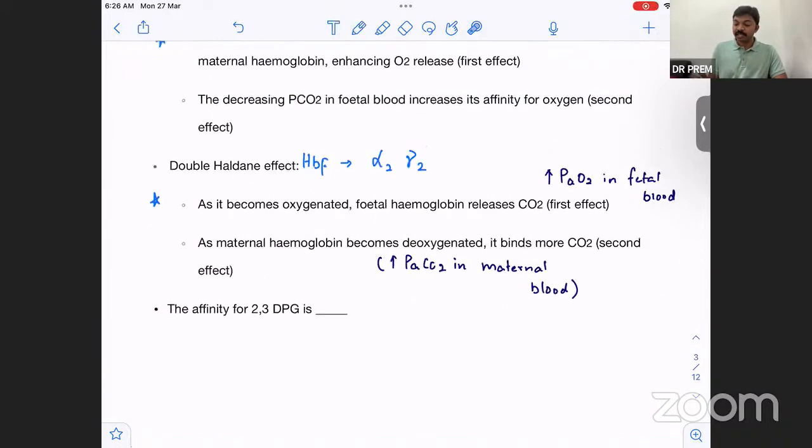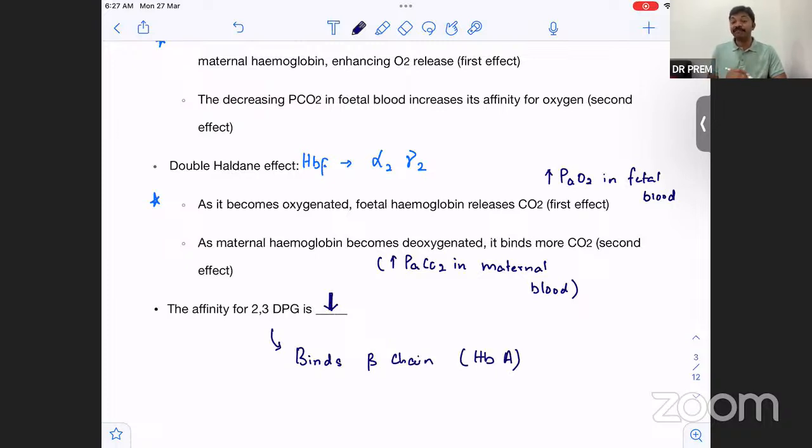And since hemoglobin F has gamma chains, the affinity of 2,3 BPG is going to be very, very less. The reason is 2,3 diphosphoglycerate binds with beta chains, and beta chain is seen in hemoglobin A, whereas hemoglobin F, fetal hemoglobin, does not have beta chain.